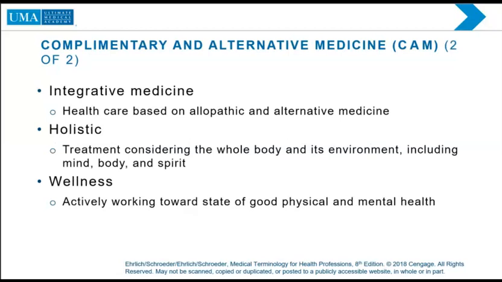Integrated medicine is healthcare based on allopathic and alternative medicine. Holistic is treatment considering the whole body and its environment, including mind, body, and spirit. Wellness is actively working toward a state of good physical and mental health.